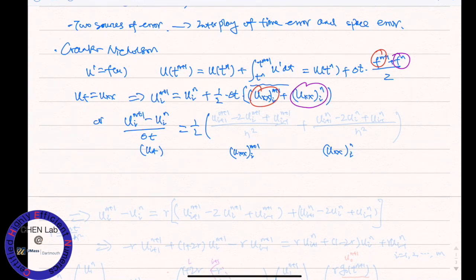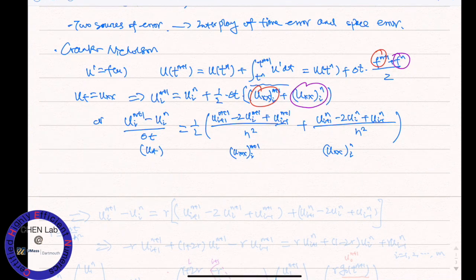So the average of these is approximating u_xx. That is, 1/h squared times (u_{i+1}^{n+1} minus 2u_i^{n+1} plus u_{i-1}^{n+1}), plus 1/h squared times (u_{i+1}^n minus 2u_i^n plus u_{i-1}^n). So two applications of what we just did for steady state, and take the average.